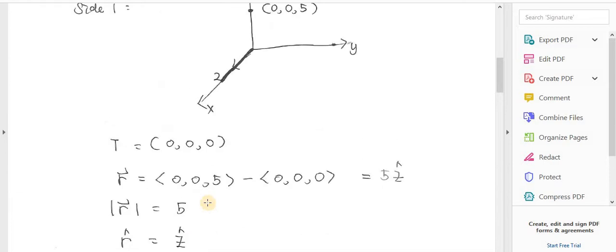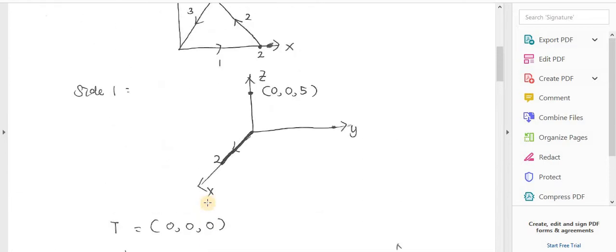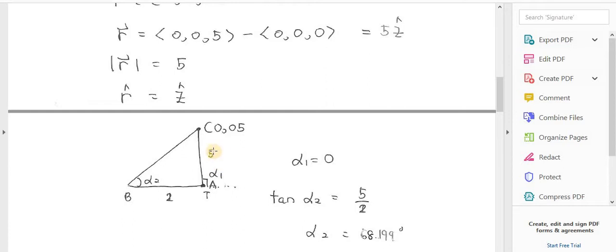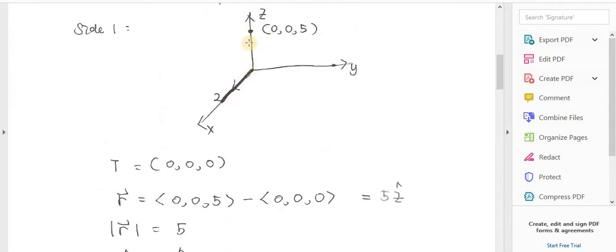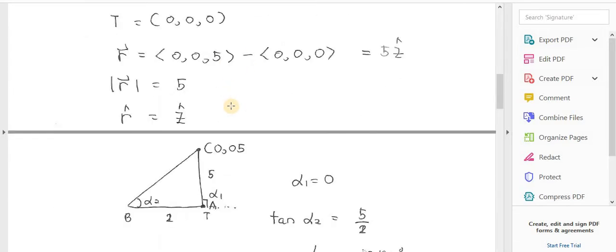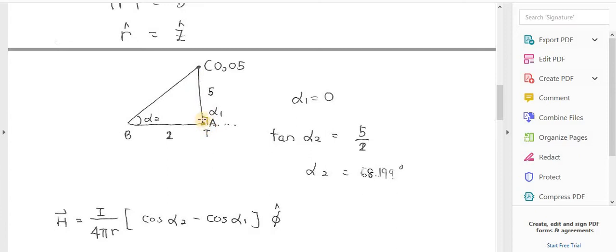Now let's look at how to find the angle. I redraw a diagram. This is your observation point, (0, 0, 5), and this is your point T, and this is your point B. When I link these together, this is point B, and this will be your point A. The angle alpha 1 is this one, and alpha 2 will be this one located inside.